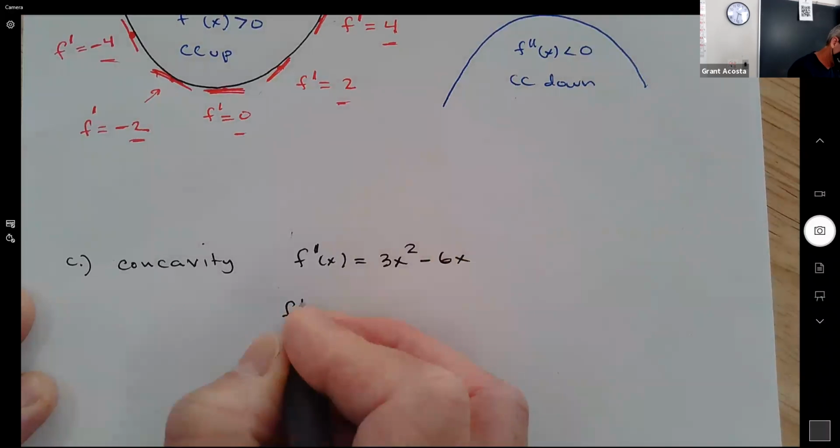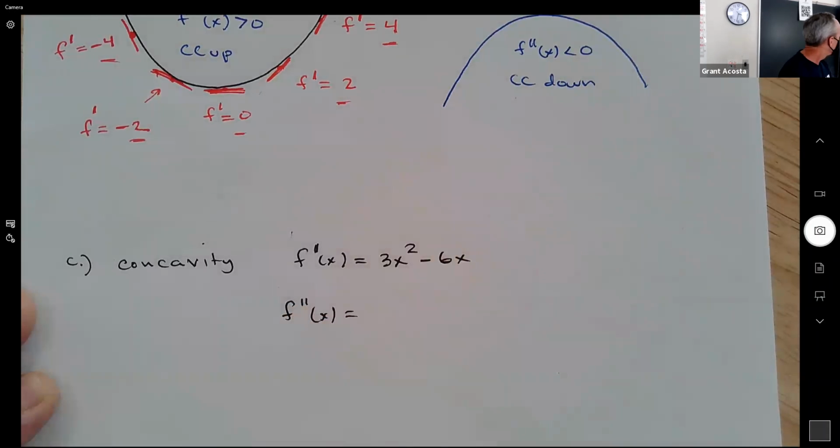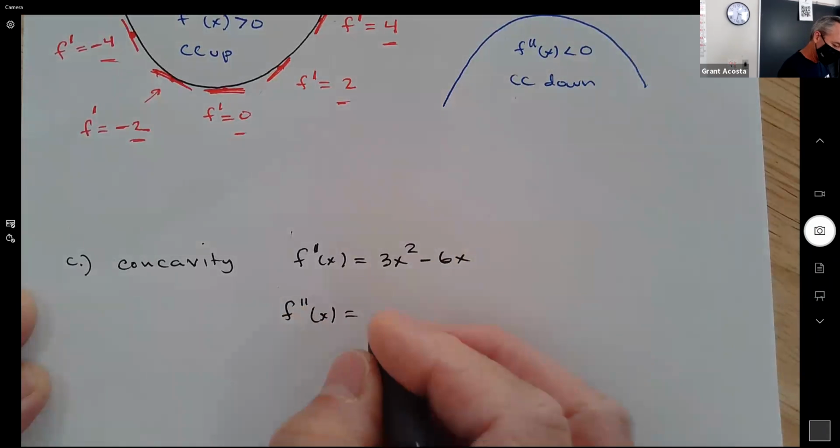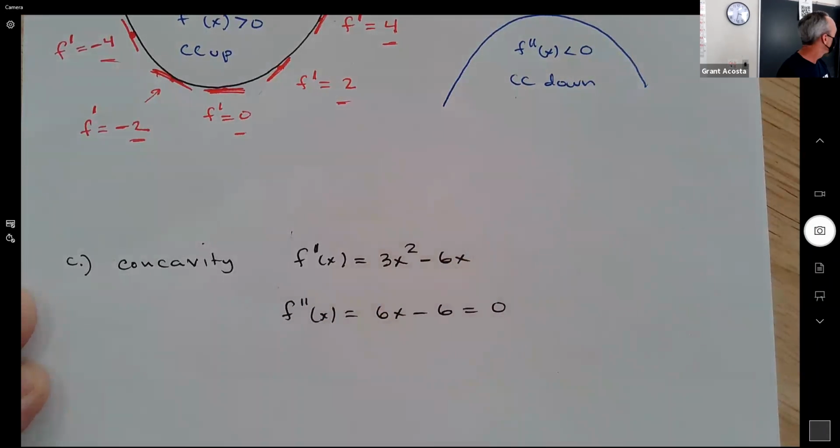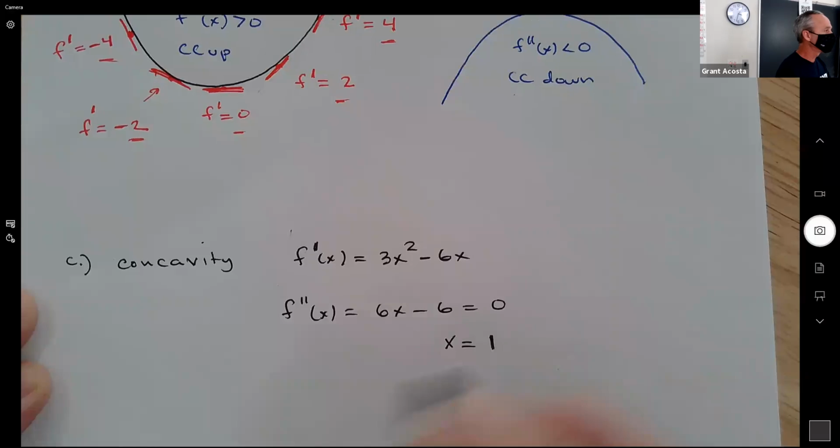So my second derivative is 6x minus 6. That's equal to 0 when x is 1. Now, we don't call that a critical point. We save that for the first derivative, so nothing with the second derivative we call a critical number.